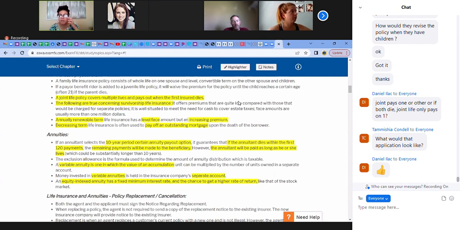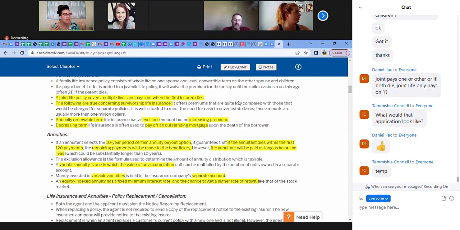So sometimes it may ask you on the test, who could get more coverage with the same dollar amount? As both the same age, is it the person with the temporary policy or the person with the permanent policy? It could be simple like that, knowing which one's going to cost more. If someone's going to go with a temporary policy, you're going to get more coverage than you would with a permanent policy. So as simple things like that, the questions could come up in that answer.